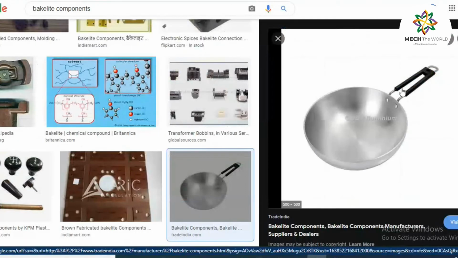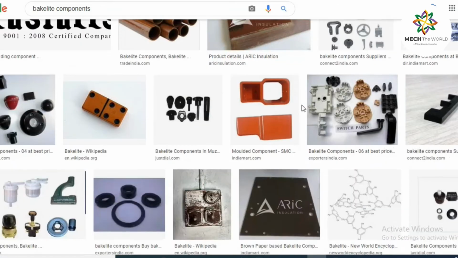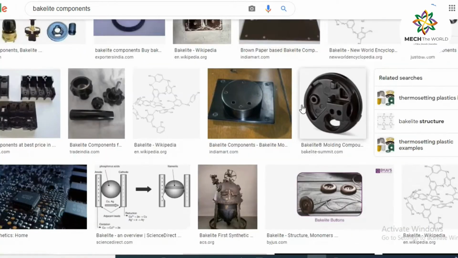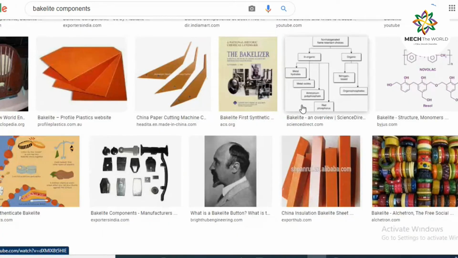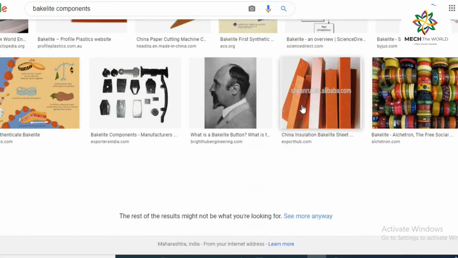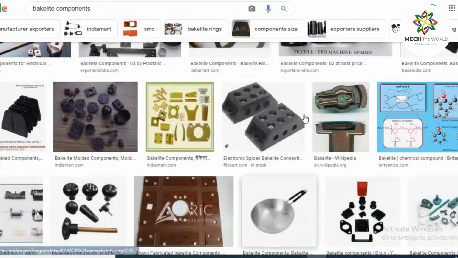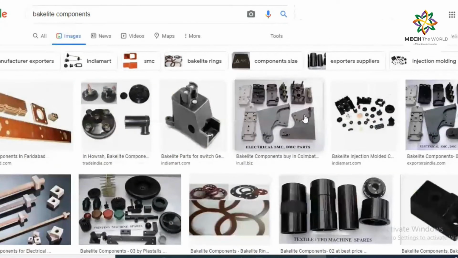Likewise, such kind of handles you can see in your kitchen. These handles are made by the bakelite material. Not only this, if you see a grinder, in that grinder also you will find the bakelites. So these are some examples of the bakelites.